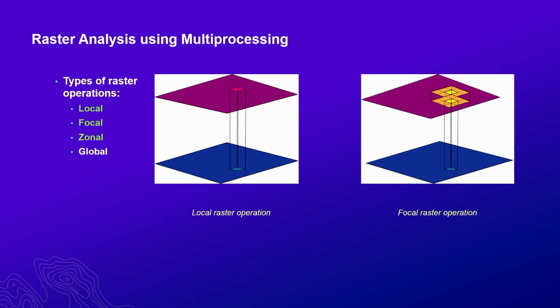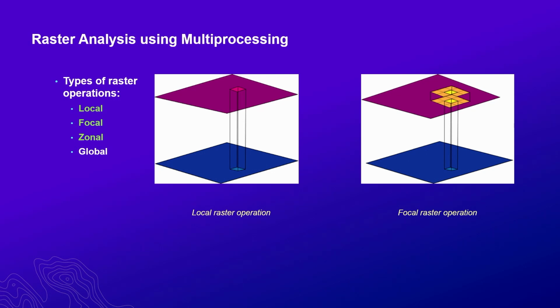So you can write your own custom function and solve all the different kinds of problems that you are trying to solve with rasters. Now, when you write new tools, sometimes you're dealing with large data and you may want to take advantage of all the processors you have on your computer and do multiprocessing.